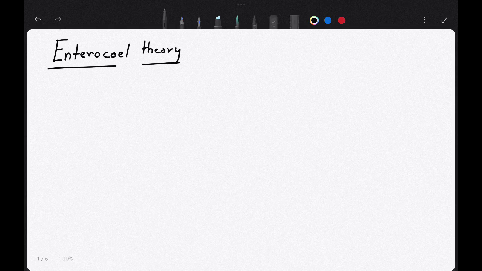The first is the enterocoel theory. According to this theory, the coelom developed from the gut, or gastric pouches developed into coelom.